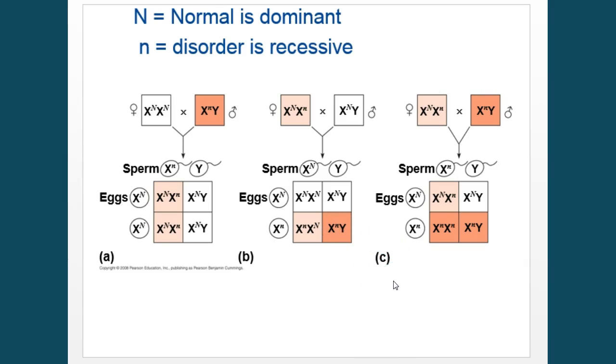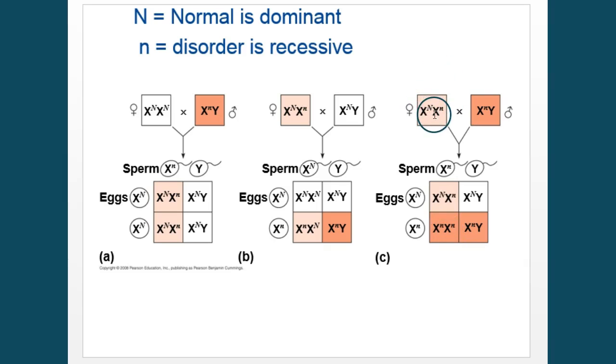Okay? And in example 3, you have a carrier mom and an affected dad, so the way the kids would pan out, one daughter would get mom's normal X, dad's affected X, and be a carrier as well. One son would get mom's normal X and dad's Y, and would not be affected at all by the trait.